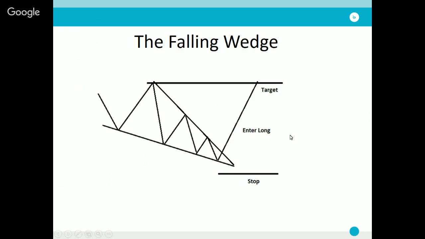Now, once we've entered the pattern, our basic target that we're playing for is a retest of the top of the structure. So whilst this is indeed a bullish reversal pattern and we're looking for a breakout, you will often find that price tends to retest the top of the falling wedge structure. And by the top of the structure, I simply mean the point from which we can attach our upper trend line.